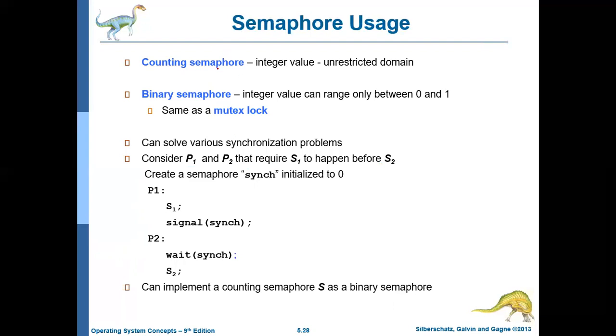If a counting semaphore takes only values between 0 and 1, then that can be called a binary semaphore. Now the problem, or the disadvantage, of the semaphore is the spin lock. Just like how mutex lock suffers from the spin lock problem, semaphores also suffer from the spin lock problem.